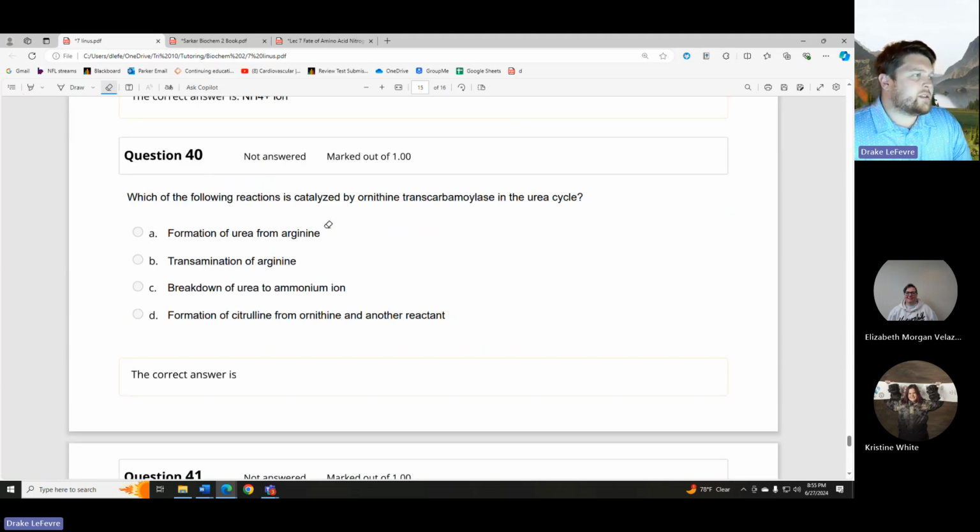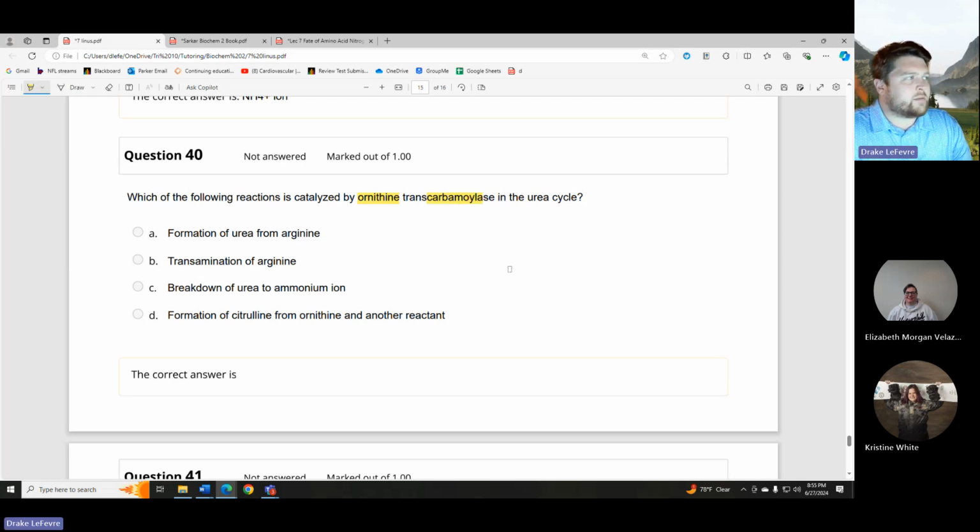Which of the following reactions is catalyzed by ornithine transcarbamylase in the urea cycle? When is ornithine and carbamoyl phosphate together?